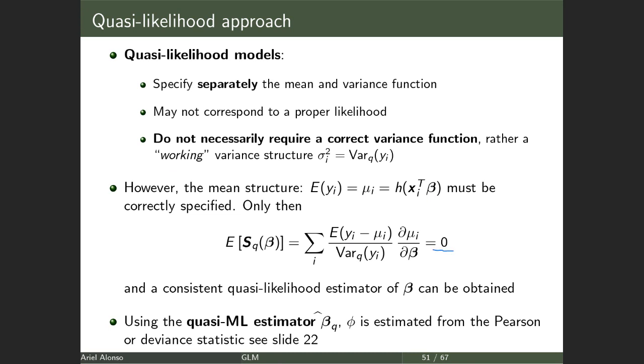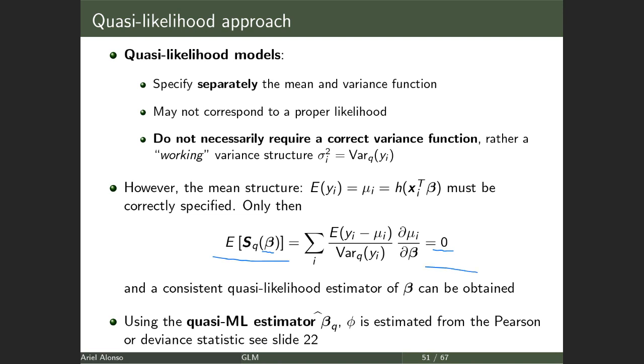And we saw back in the inference first two lectures, when we discussed maximum likelihood and misspecification, that the estimator that solves the score equations is going to converge to the beta that makes the expected value equal to 0.